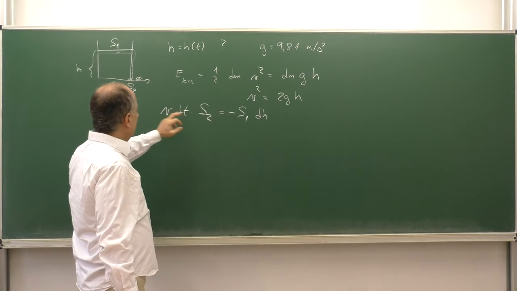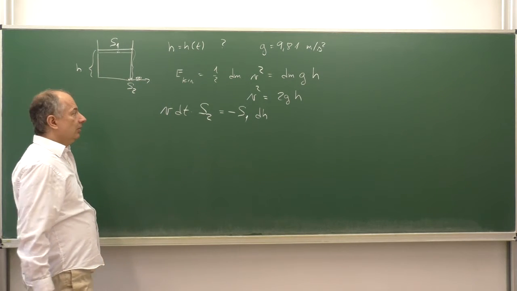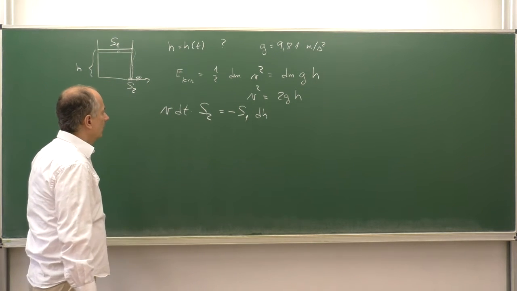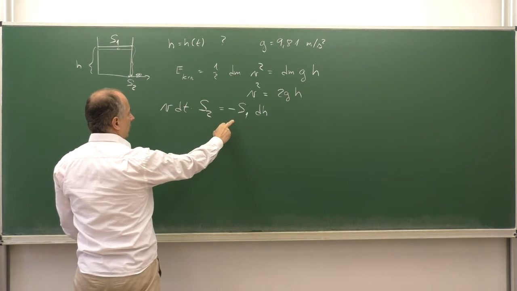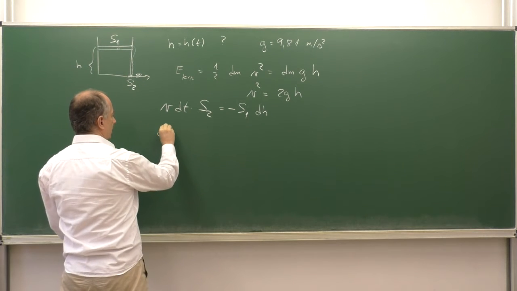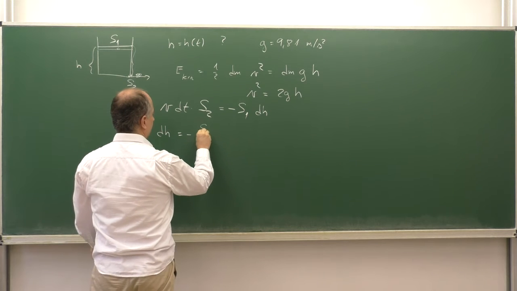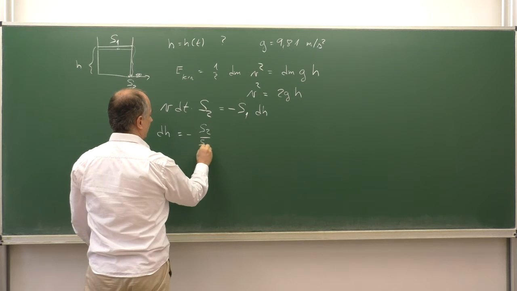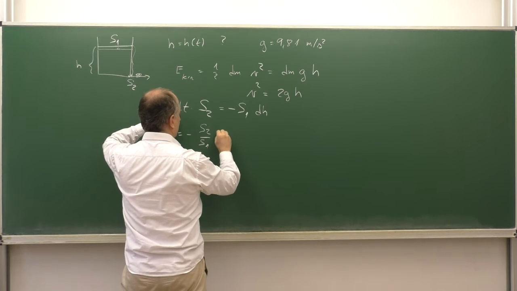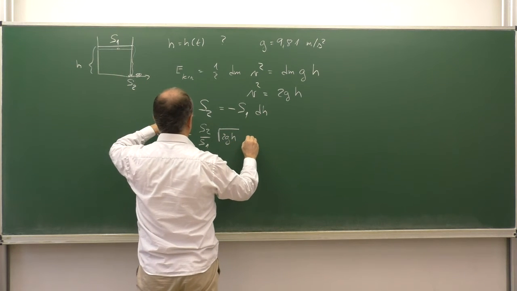Well, and now when we substitute v from here to this, we get the differential equation for the unknown function h of time. We can swap the left hand side and the right hand side, and we have dh is minus S2 divided by S1, v, which is square root of 2gh, dt.